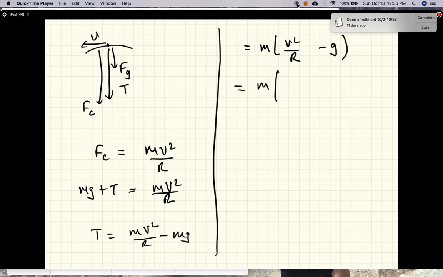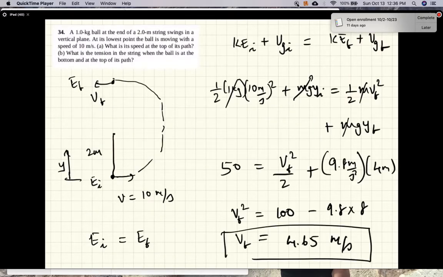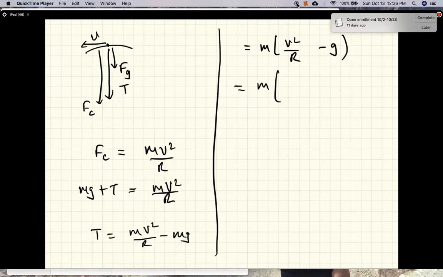M times, and v at the top is what was v at the top, 4.65 meters per second. So at the top, the speed was 4.65 meters per second. Okay, 4.65 squared divided by 2 meters minus g.